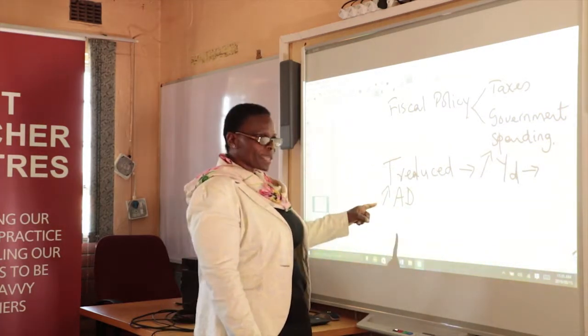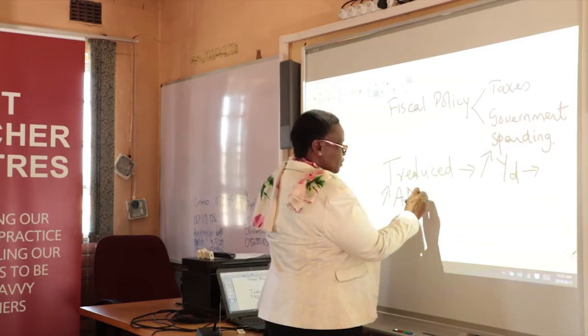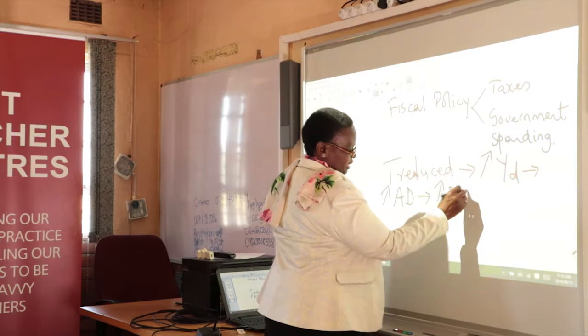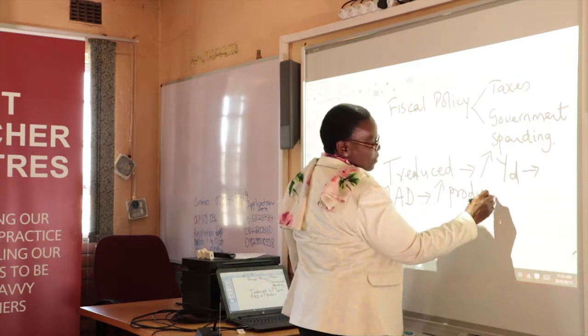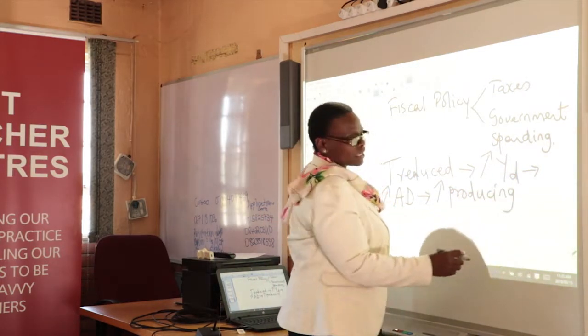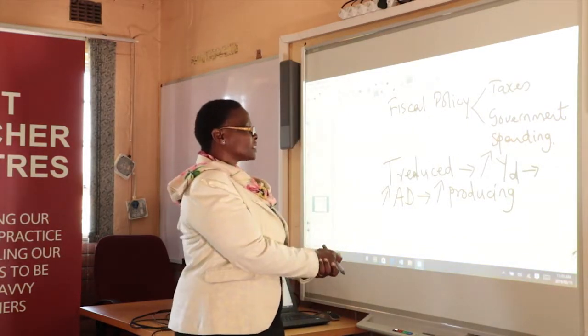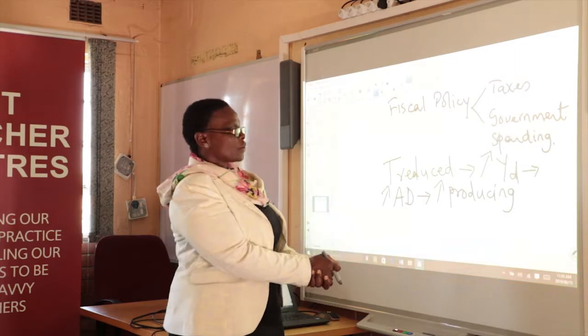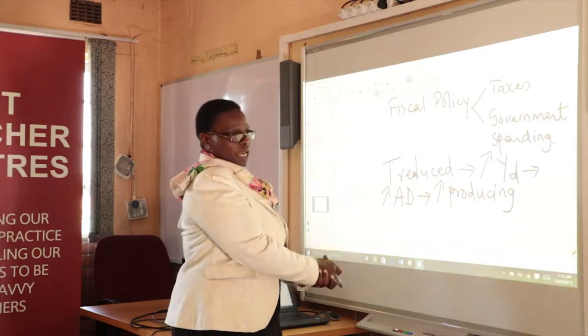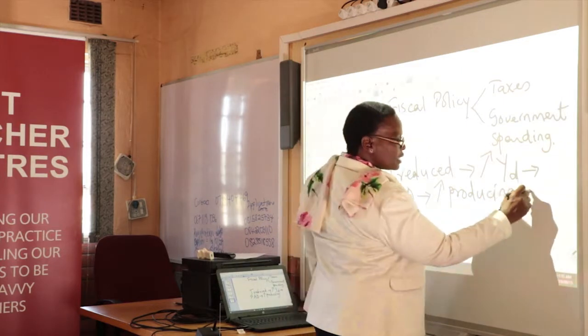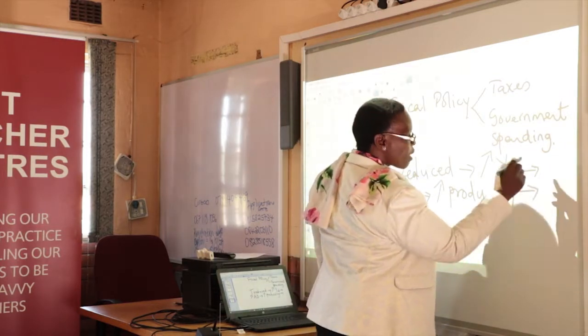And if that happens, it forces the producers to increase their production. Now, once they start producing more than before, can you see that now we are achieving economic growth? The economy is now producing more goods and services than before. And for them to produce more, they need to employ more workers.